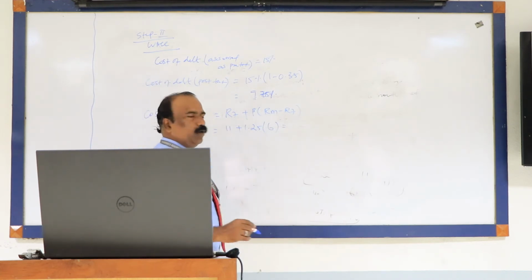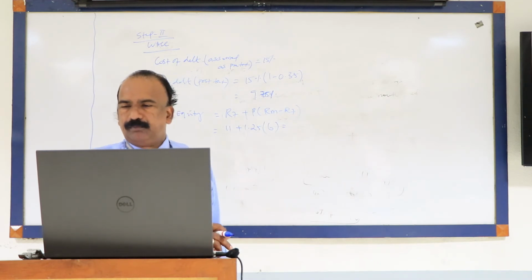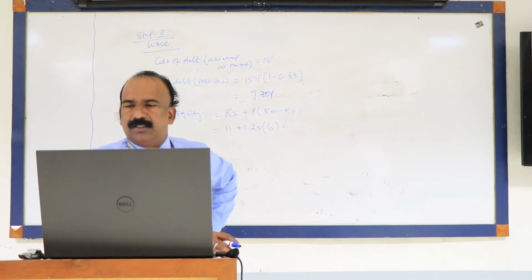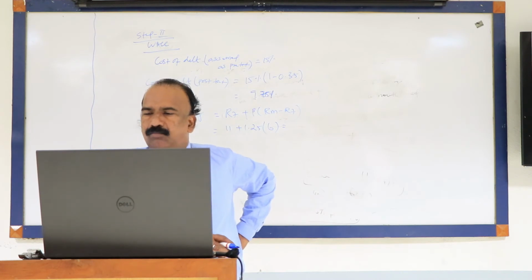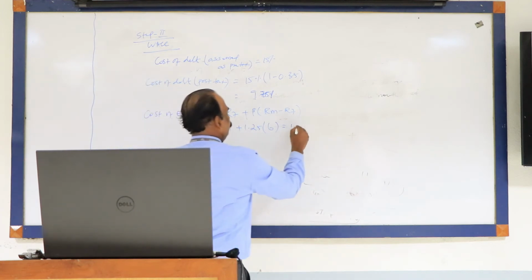So 11 plus 1.25 into 6. How much comes? 1.25 into 6 is 7.5, so 18.5%.